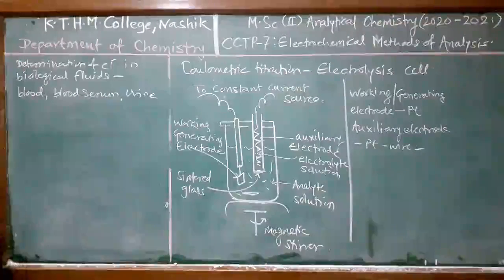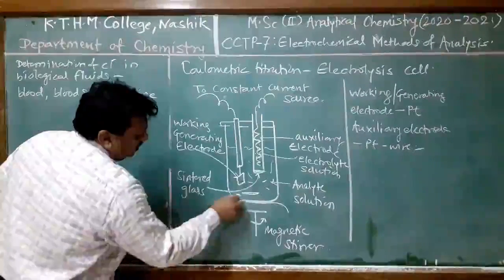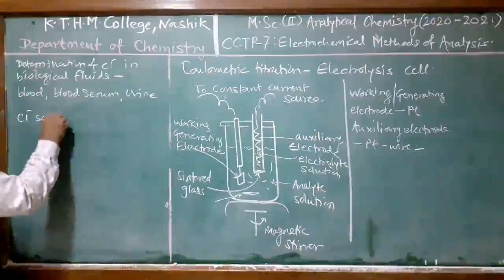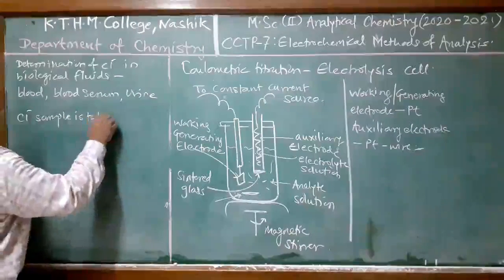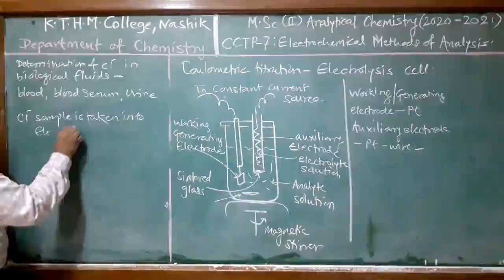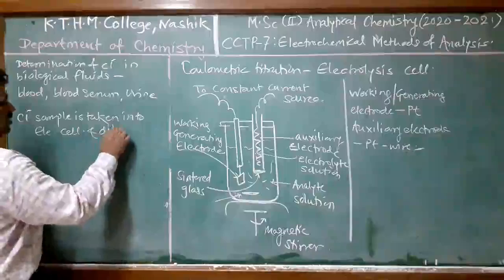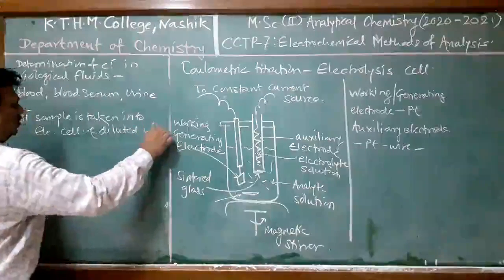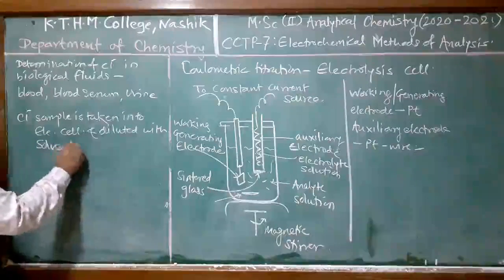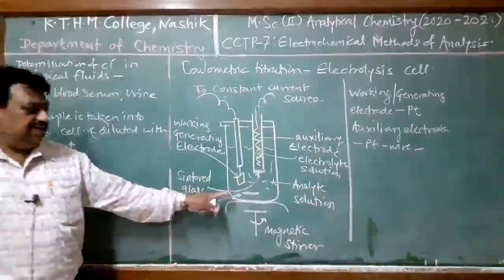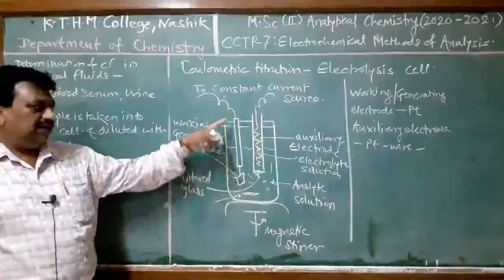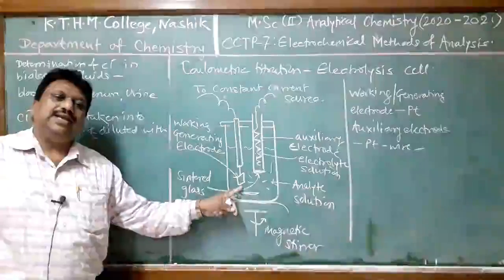Now in this case, the chloride sample is taken into the electrolysis cell, and it is diluted with solvent in order to dip the working electrode and auxiliary electrode.